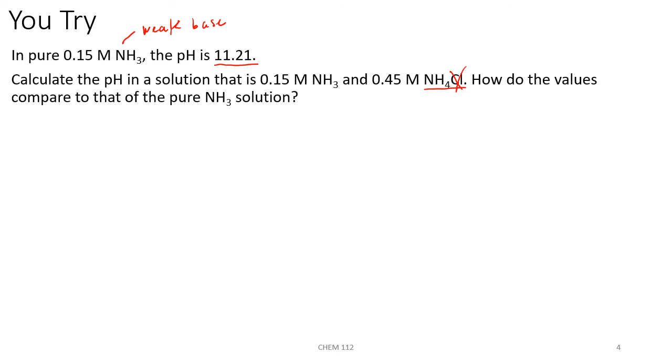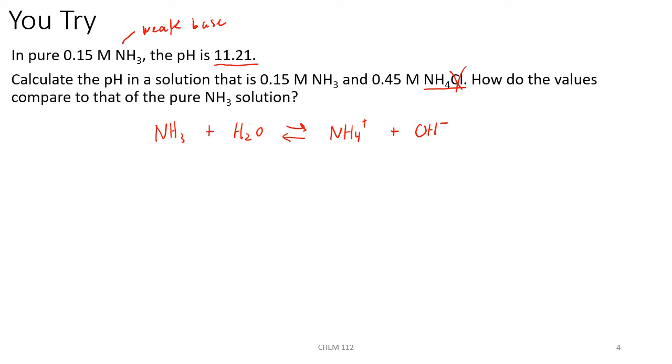So if we write the initial dissociation of our weak base, we would have NH3 plus H2O, and our weak base would accept a proton from water, forming NH4 plus ammonium, and our water would become hydroxide ion when it loses a proton.